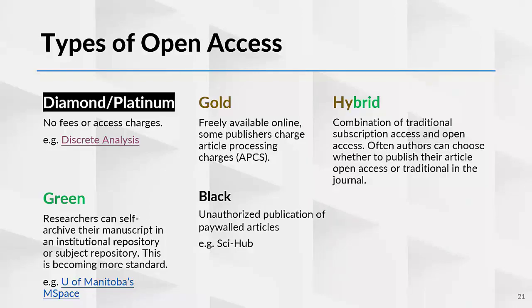So you can publish traditionally in a journal, that's fine, for up to 12 months, and then you have to deposit it somewhere that's publicly available, U of M ZenSpace, for example. But it really depends on that authorship agreement, that copyright transfer agreement. It'll spell out when and what you can deposit in terms of your work to make it publicly accessible.